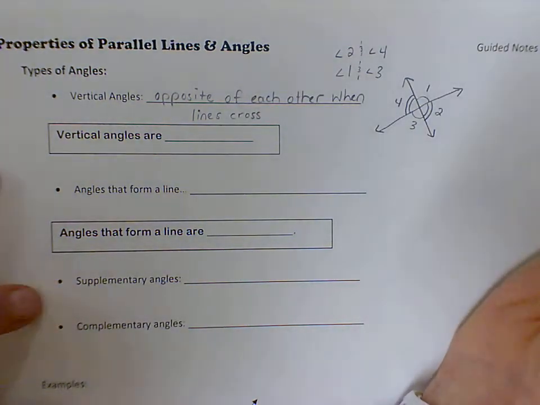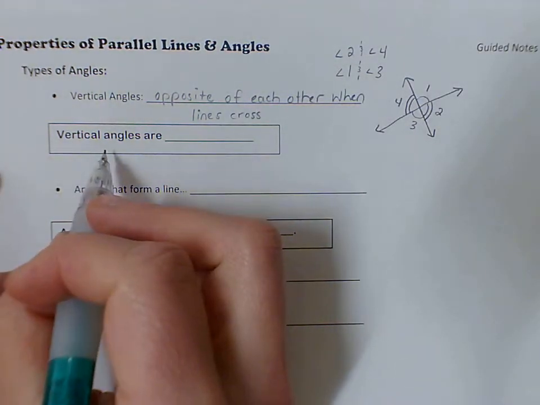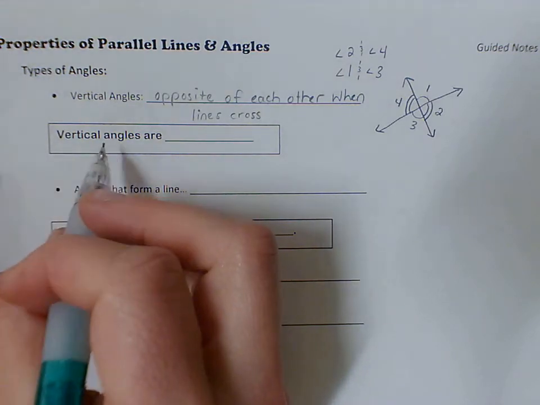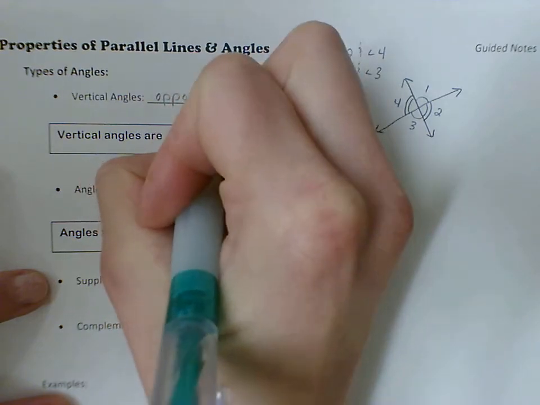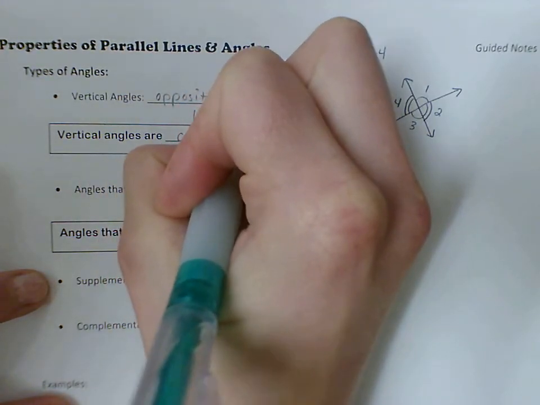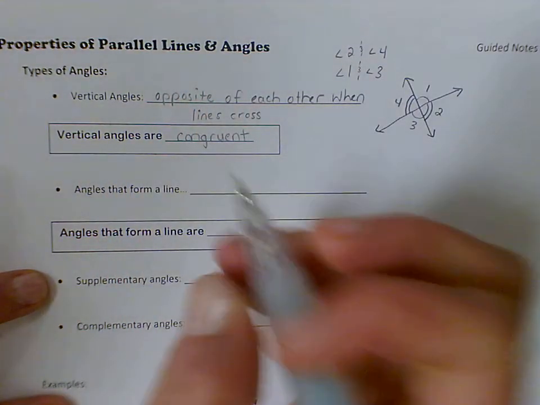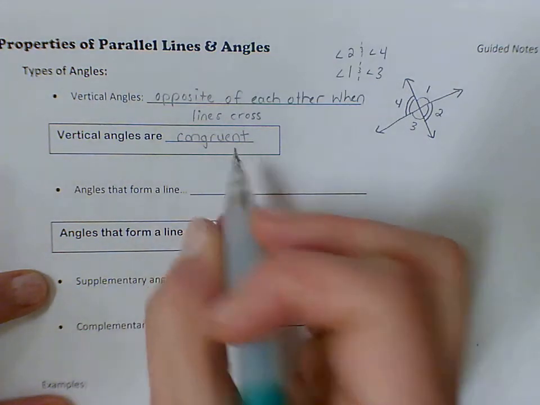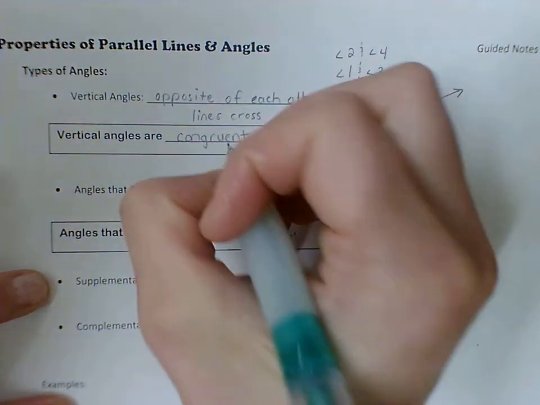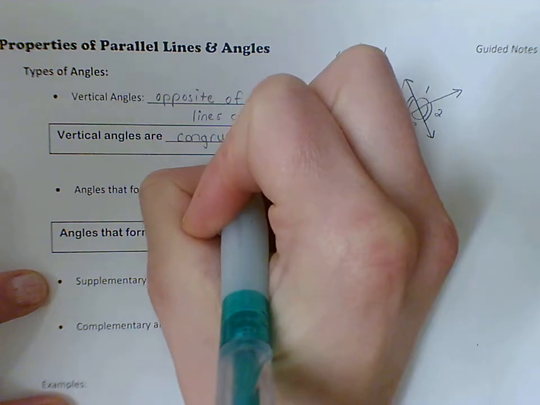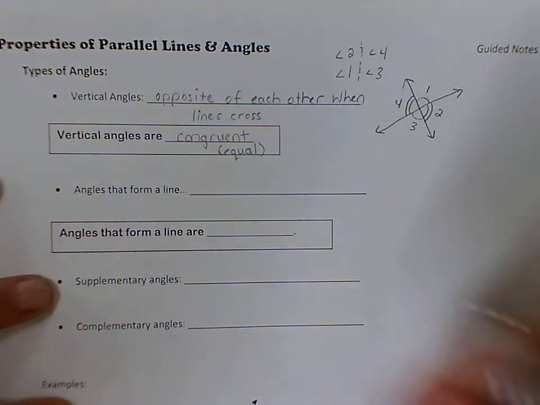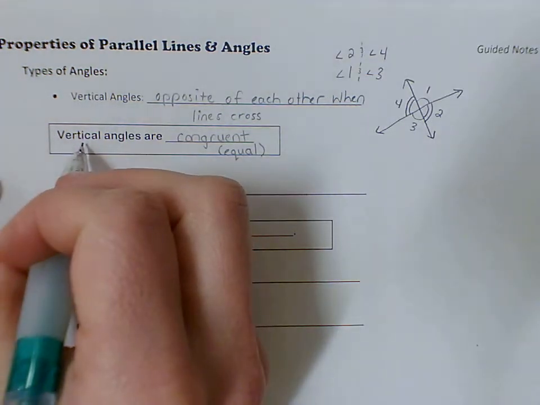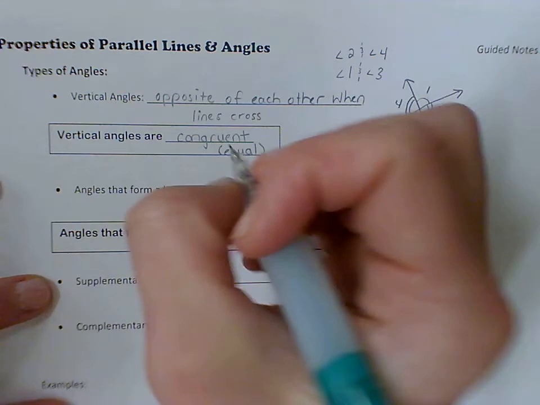Okay. So now the thing that you need to know about those angles, the ones that are opposite each other, is that vertical angles are actually what's called congruent. And so this word congruent means that they are the same, or they are equal, okay? So what we are really saying is if you know the measure of one of the angles, then the angle that's vertical with it, or opposite of it, would also have the same measure, okay?